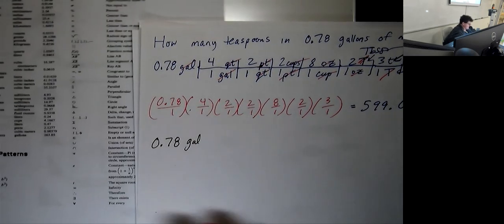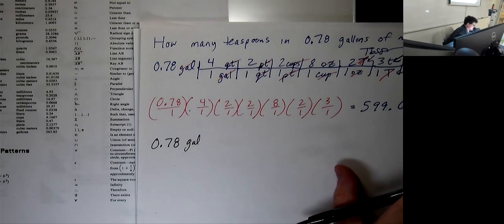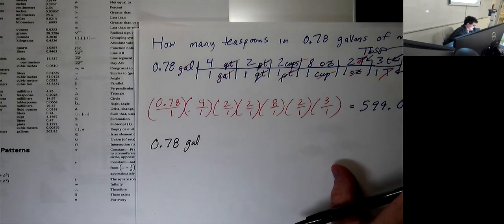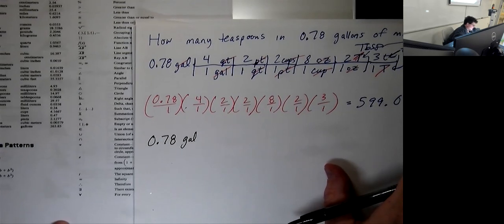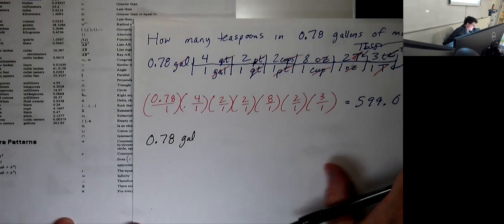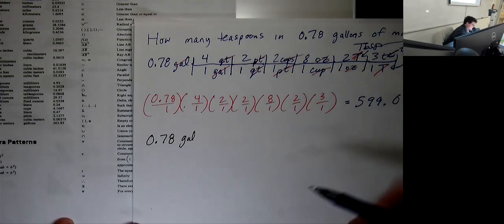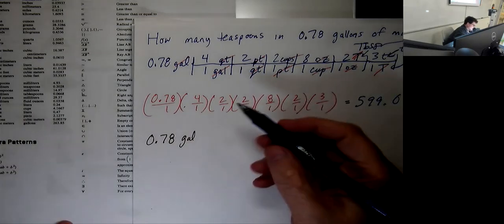I just knew that there are 4 quarts in a gallon, and 2 pints to a quart, so I just knew that there were 8 pints in a gallon. There's a couple ways to go. I think switching to pints is easiest. We could follow that route entirely, or we can switch around.